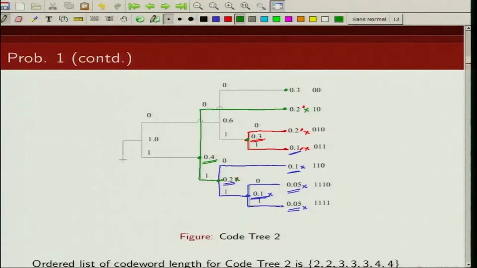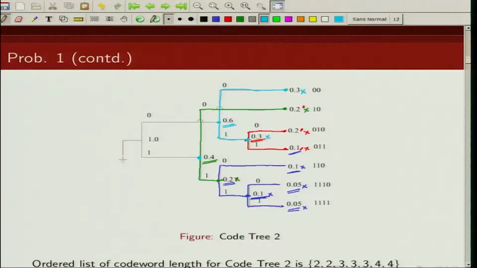Now we have this active node with probability 0.4, this one with probability 0.3, and this one with probability 0.3. We combine these two nodes, create a new node with probability 0.6, and deactivate these two nodes.